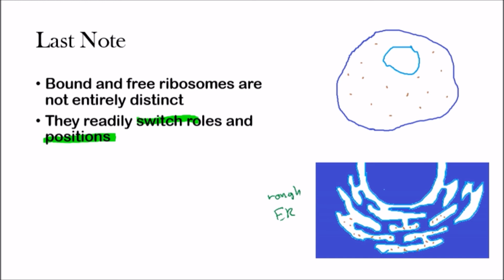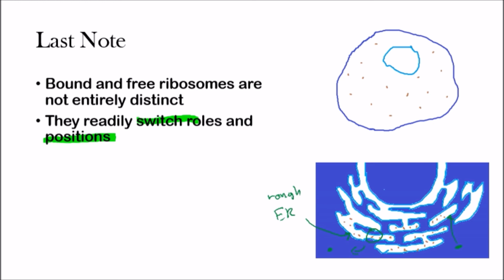On that we have bound ribosomes. So what can happen is that a bound ribosome here, let's just say that bound ribosome, can just decide to pop off, and then it can enter the cytosol, okay, and it can become a free ribosome. The same thing can happen vice versa. You can have a free ribosome and it might just attach itself to the ER and become a bound ribosome.